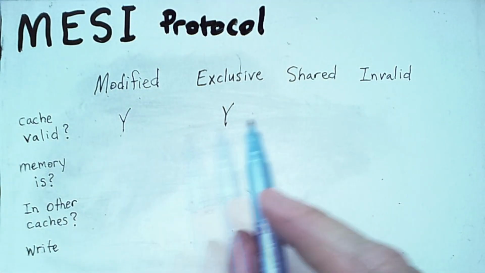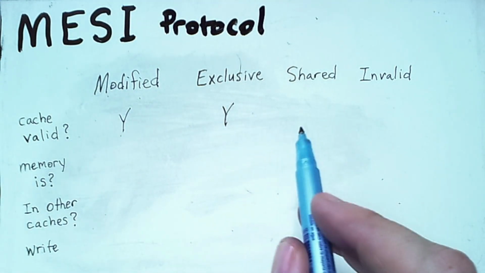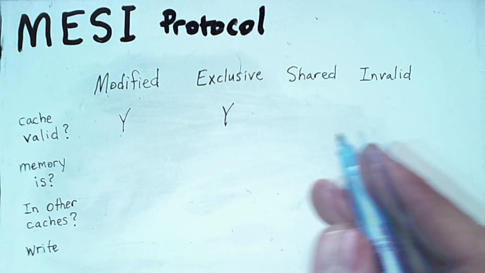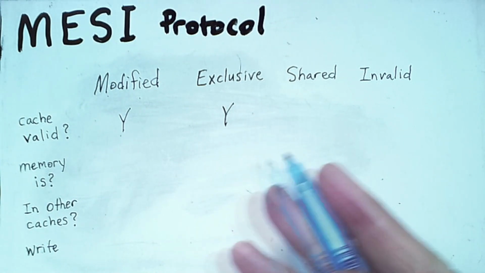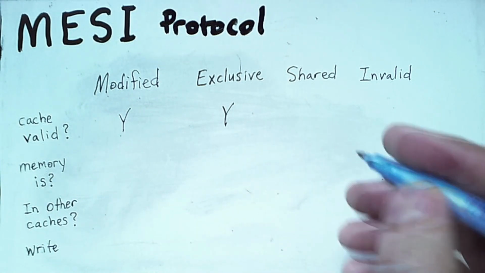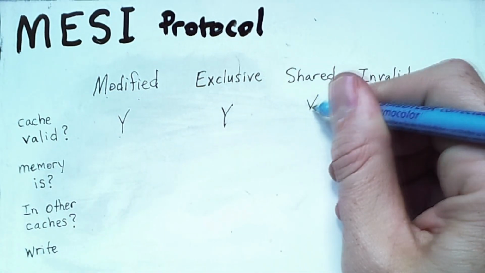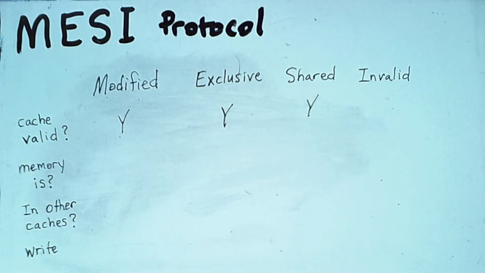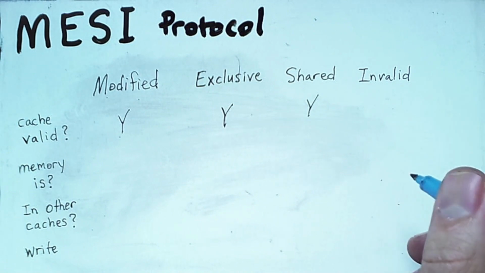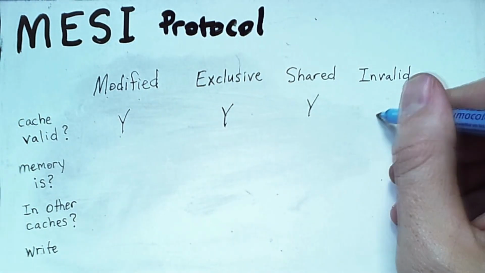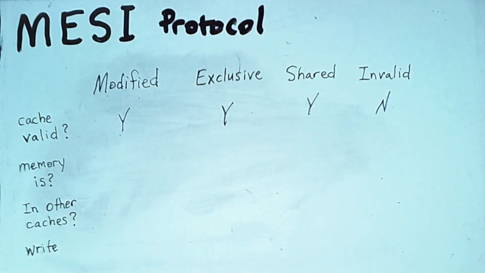If that line is shared by one or more caches, then within each cache that has it in the shared state, the data is valid. It is only if it is in the invalid state that it is not valid, meaning that it can't be trusted and that if the CPU wants to read it or use it, it can't.